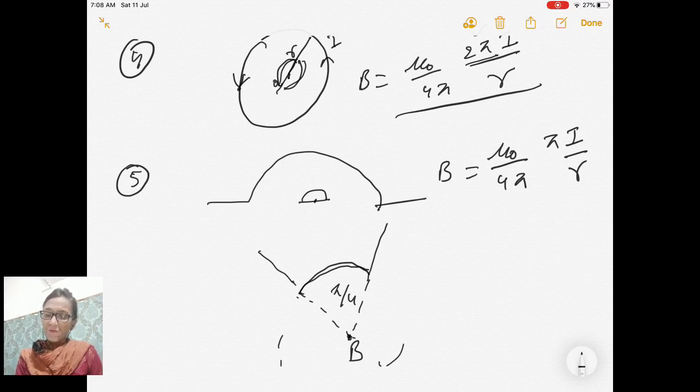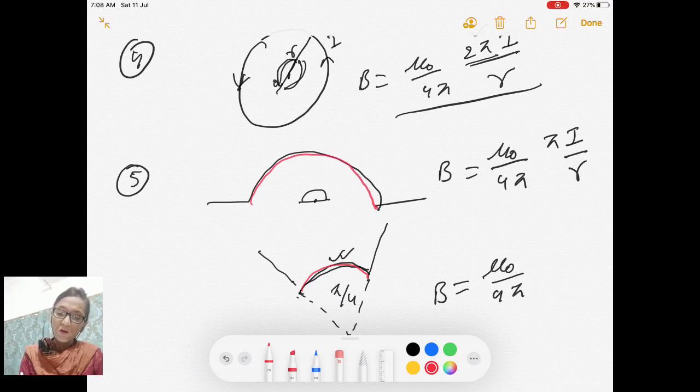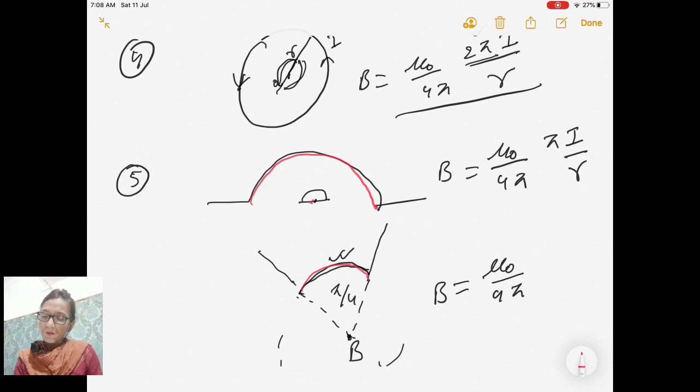So here the magnetic field B, due to this circular part of the wire, will be equal to mu naught upon 4 pi. I'm doing it for the magnetic field of only this circular part at the center. So here the angle is pi by 4, so simply write pi upon 4 I upon R.